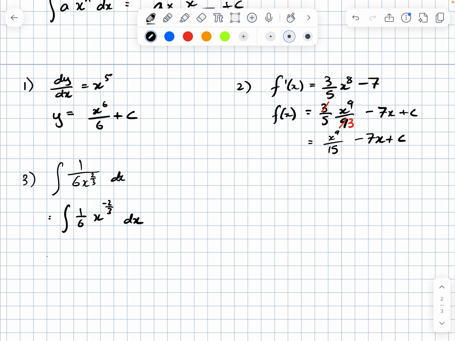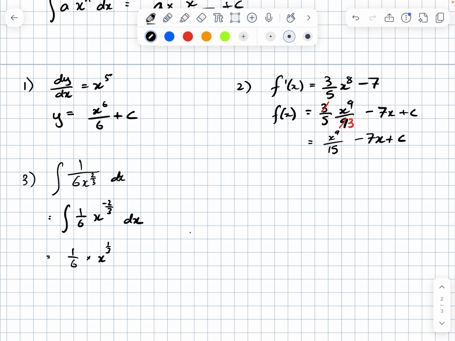Now, I'll rearrange this, but I haven't actually integrated yet, so I've still got that integration sign. I'm only going to remove it when I've done my integration, which we're about to do. That equals 1/6 times, when we increase the power by 1, -2/3 plus 1 is 1/3, and I'm going to divide by 1/3.